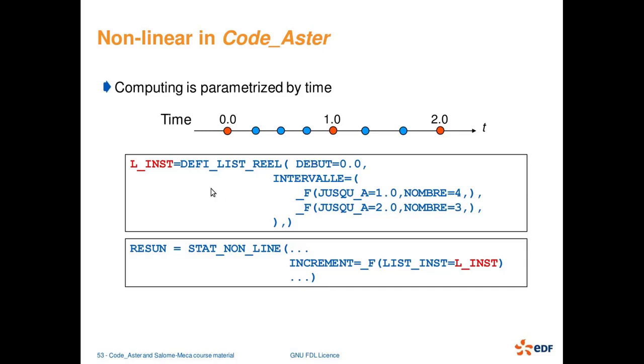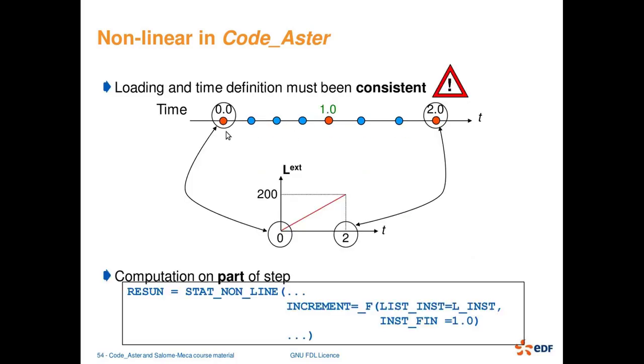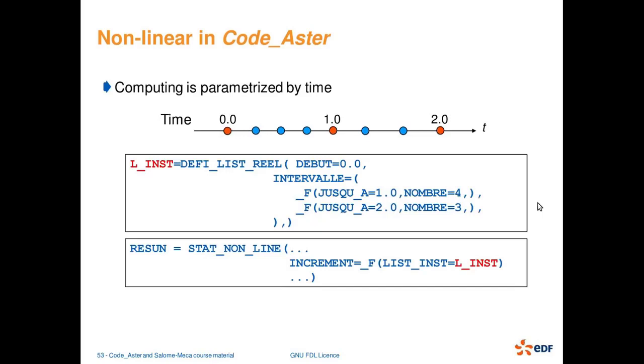So here what I have done is, you see here, these are my time steps. Time is varying from 0 to 1 to 2 at different steps. I can change this stepping at different regions of my time path.